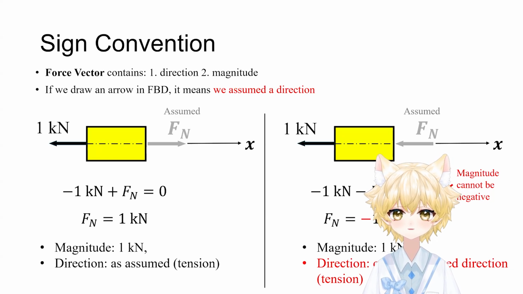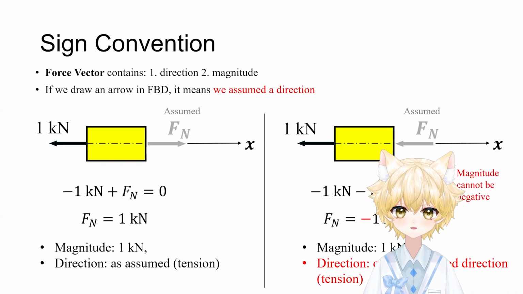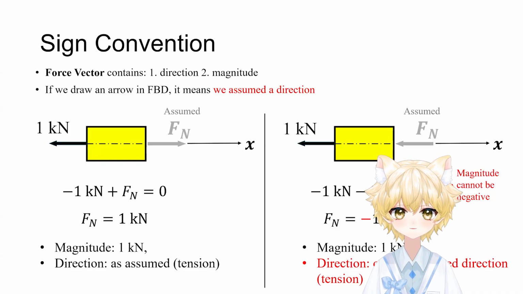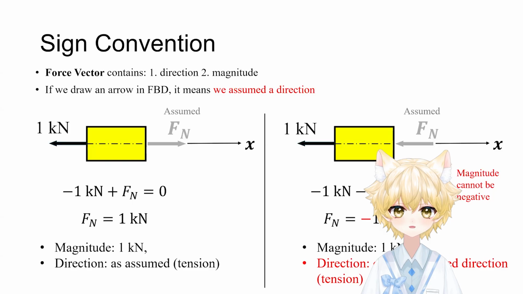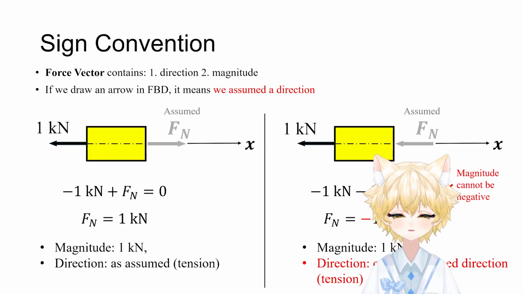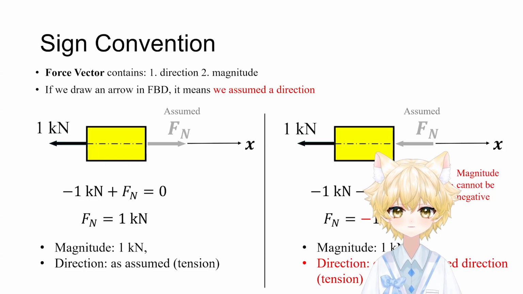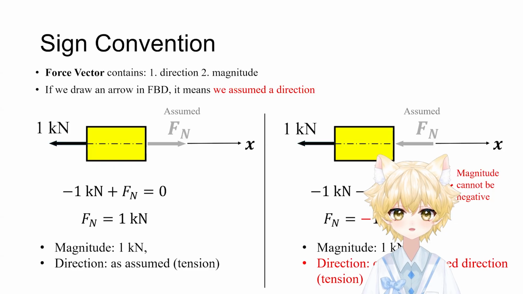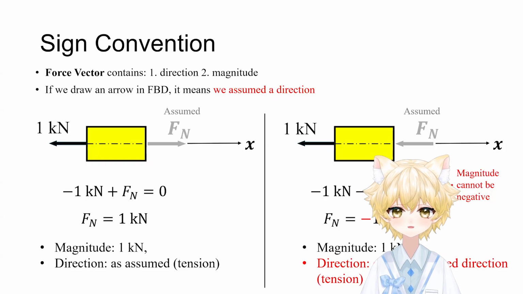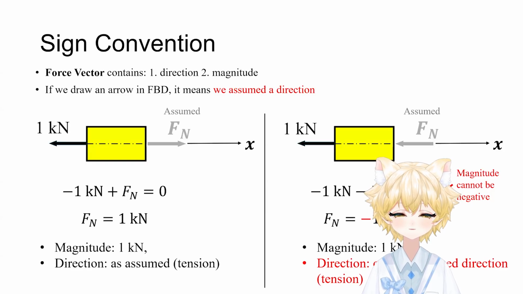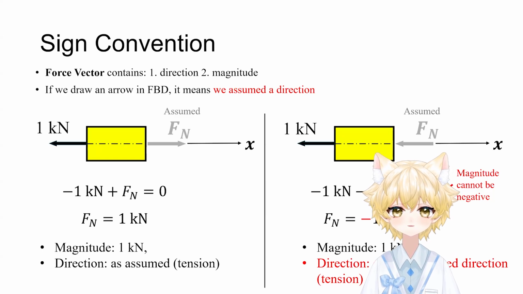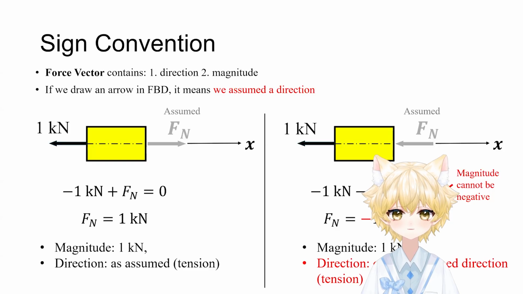Because it makes the interpretation automatic. If you find your final answer is positive, the magnitude is positive, it confirms your assumption. The material is under tension. If your final answer is negative, it corrects your assumption. That simply means the material is in compression. And compression is negative, right? Because of the sign convention.